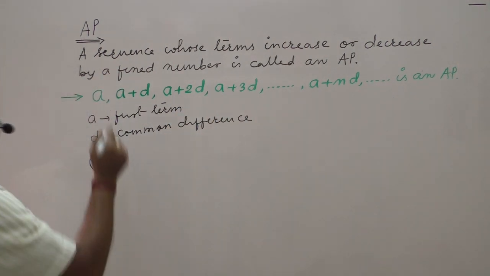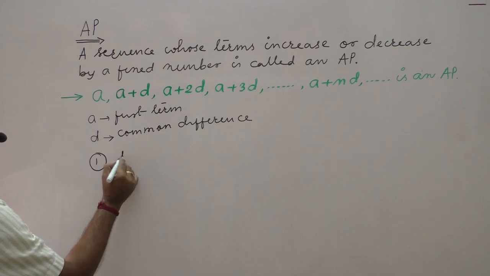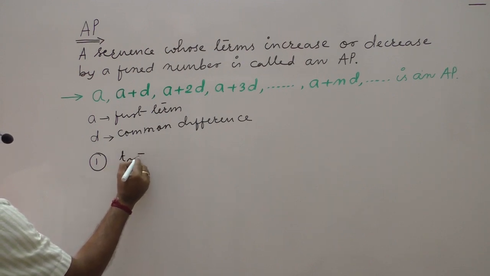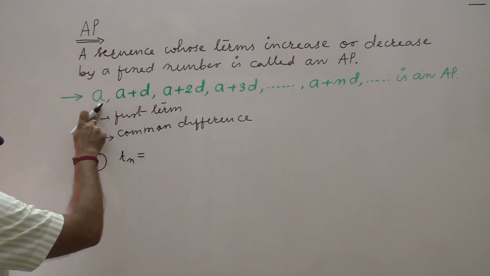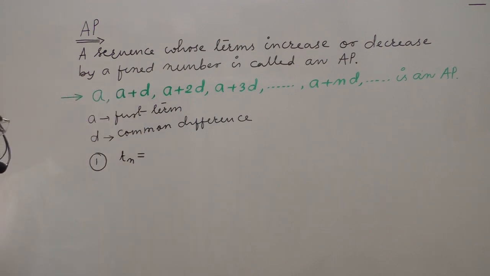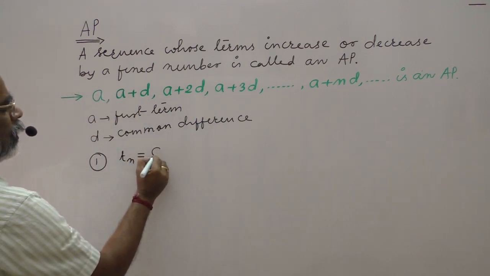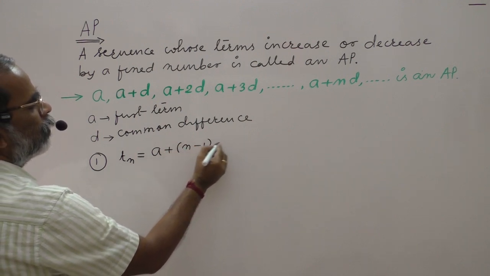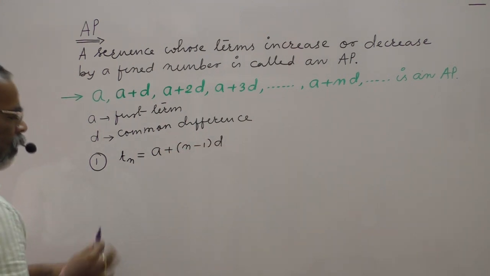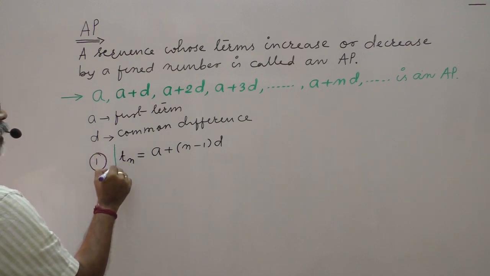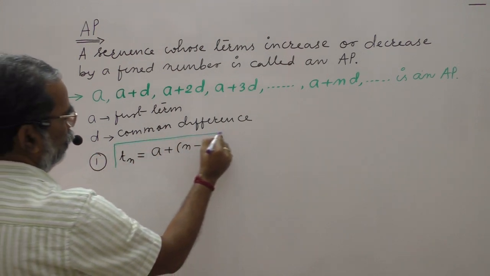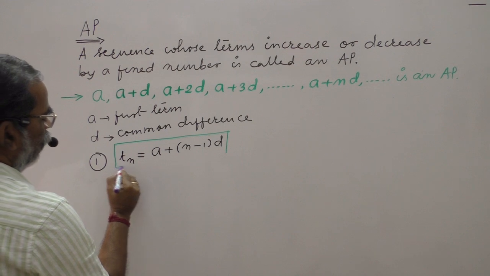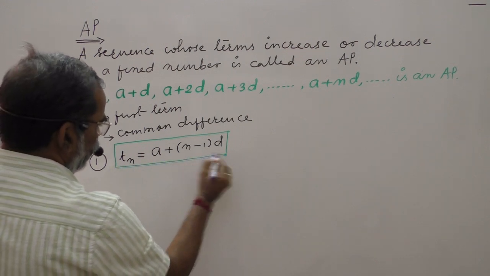So in an AP whose first term is A and common difference is D, its nth term is A plus (n minus 1) into D. This is the nth term of an AP series having A as first term and D as common difference.